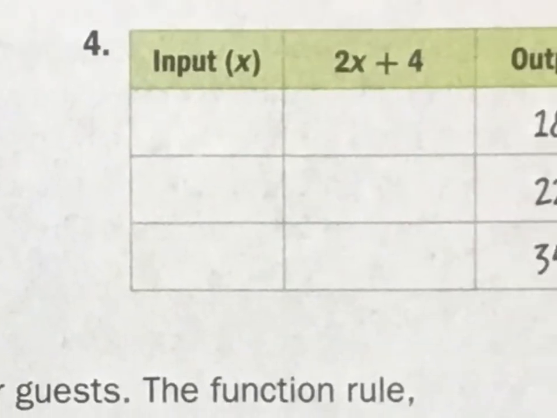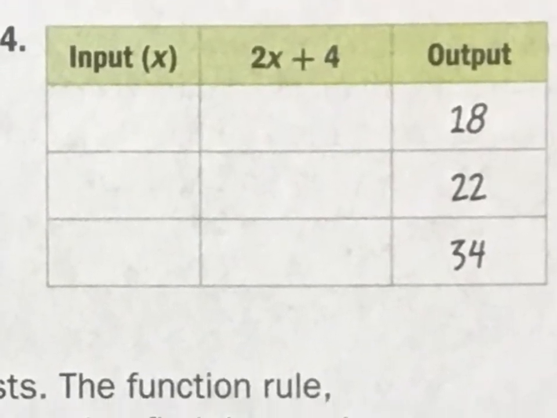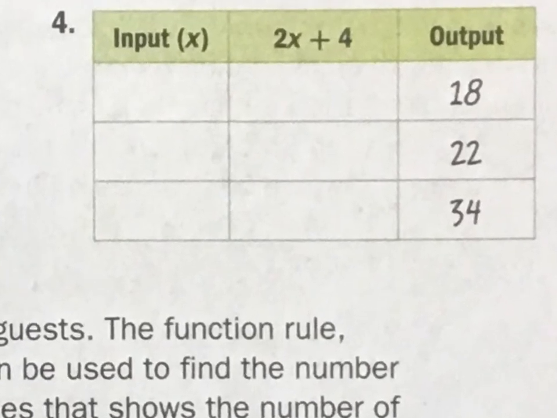Let's go over to 4. Another one where we have the output, but not the input. A much trickier function here. So, this is going to be 2x plus 4 equals my output of 18.